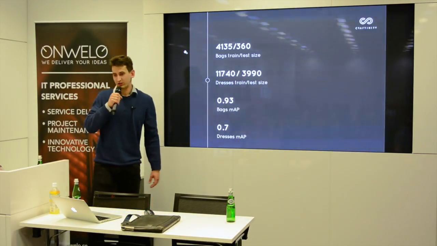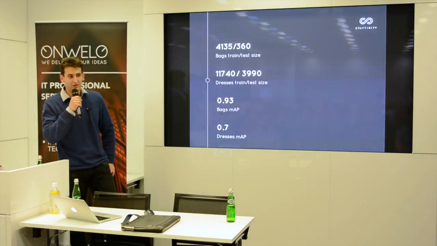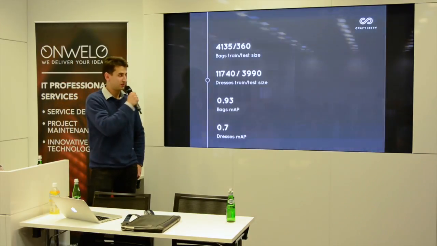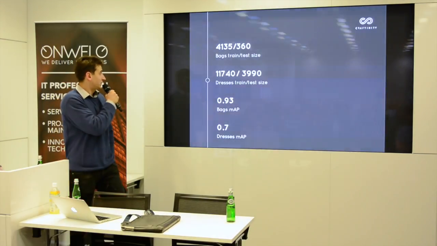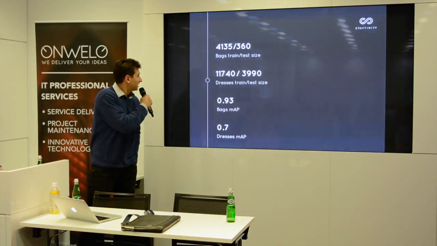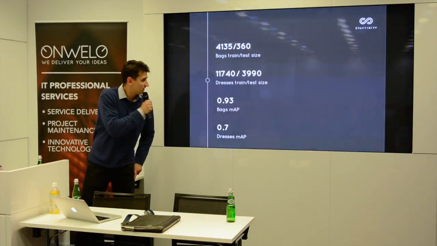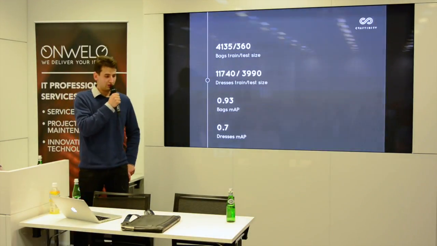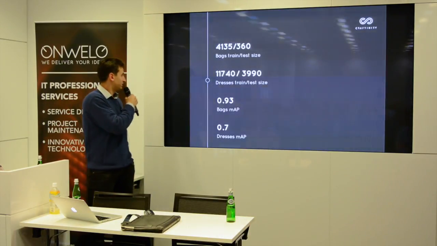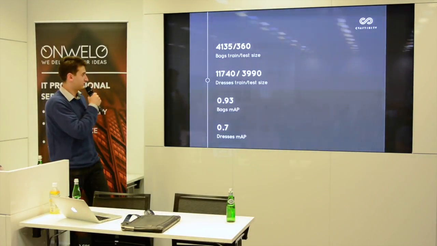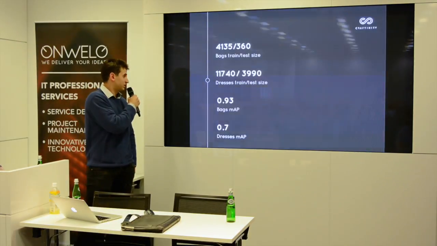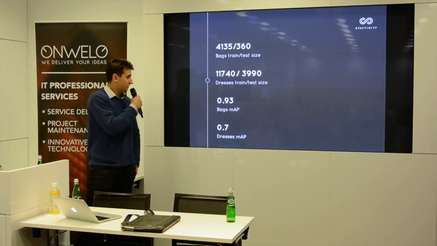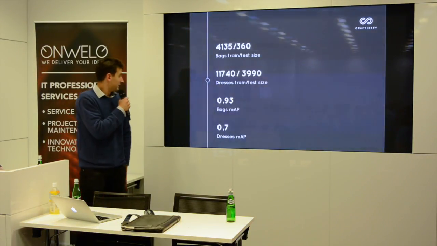Okay, so for each category, we trained a separate SSD detector. In case of bags, our dataset contained almost 4,500 images. In case of dresses, this dataset was bigger. It was almost 15,000 images.